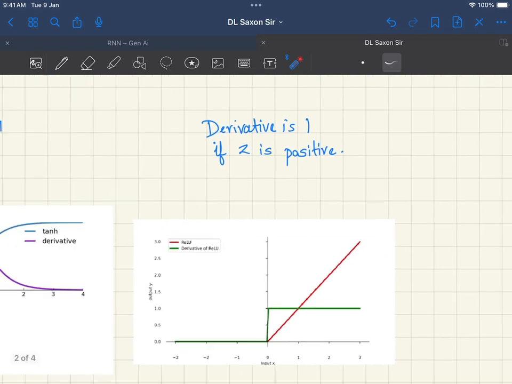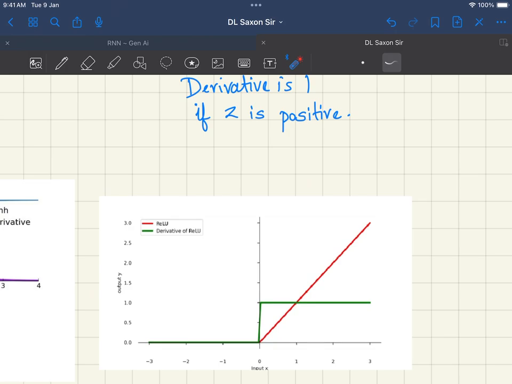But what happens in case of ReLU? In case of ReLU, if it is a negative value, then the derivative is exactly 0, and the entire thing will become 0, and the output becomes 0, or the neuron will die. But if it is a positive value, look at this, it is growing straight.